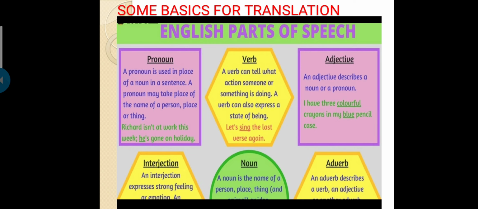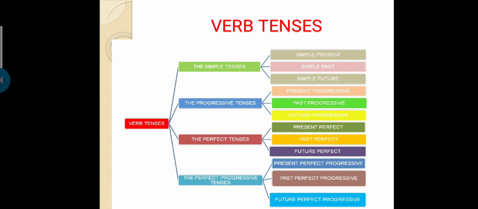Well, to understand the basics of this concept, we need to catch hold of parts of speech in the English language, which are noun, pronoun, verb, adjectives, adverbs, interjections, and conjunctions. Along with the verb tenses, which are broadly categorized under four heads, which are the simple tense, progressive tense, perfect tenses, and perfect progressive tenses.